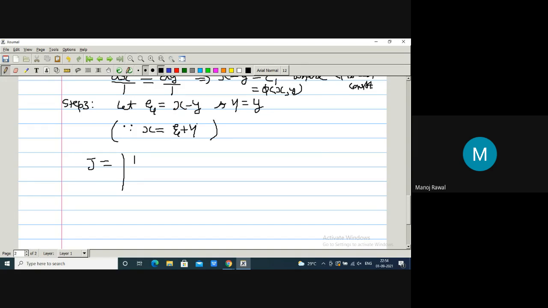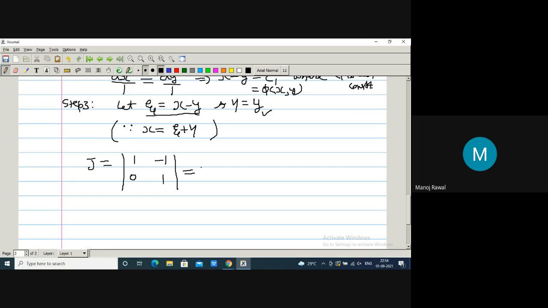Del xi upon del y will become minus 1. Similarly, del eta upon del x is 0, and del eta upon del y is 1.